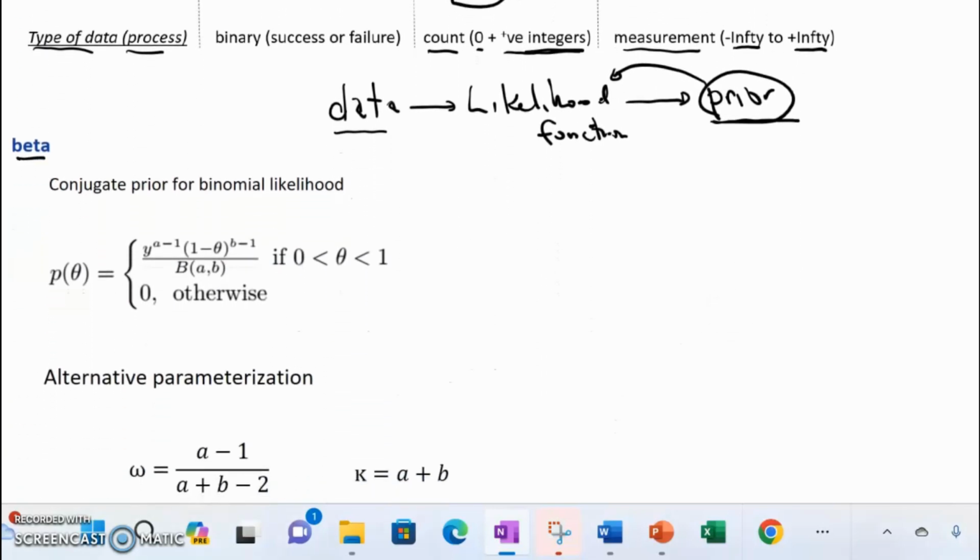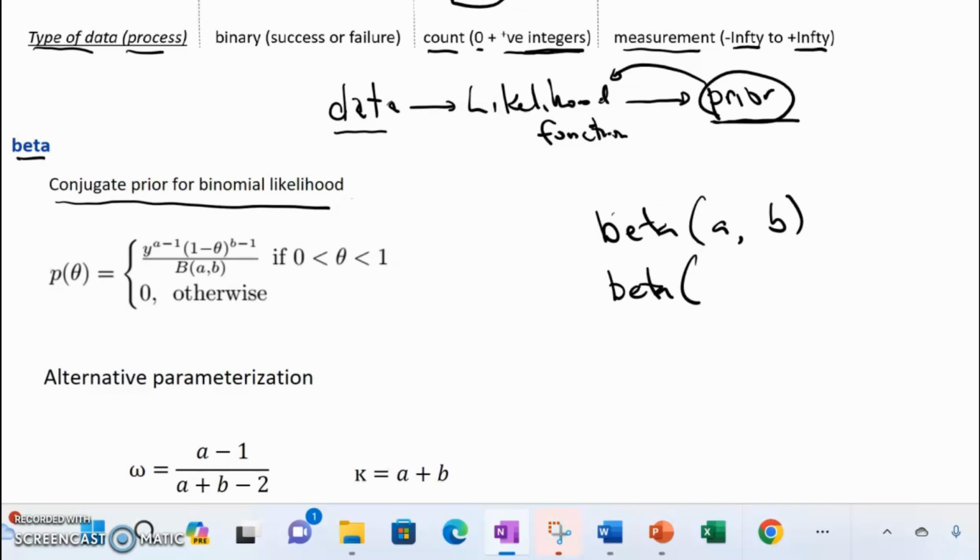So the beta we've seen before because it's the conjugate prior for the binomial likelihood, and we've seen it parameterized as a beta A, B. The particular case we saw in the handedness experiment was a beta 4-2, because we knew of 4 right-handed people, 4 successes, and 2 left-handed people, 2 failures.